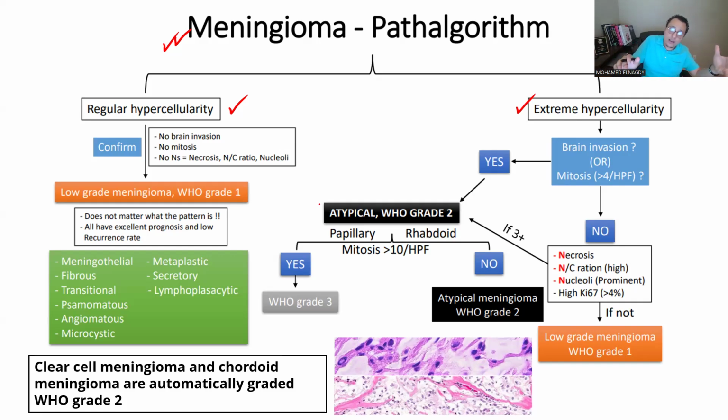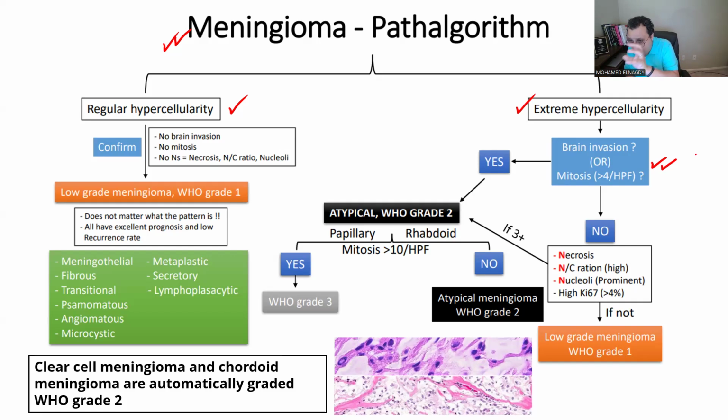So there's regular hypercellularity and extreme hypercellularity. When you have extreme hypercellularity, start looking carefully for one of these two: brain invasion, which is brain tissue invaded by islands of meningioma, and more than 4 mitoses per high power field. This needs careful microscopic examination at high power, looking around in all the areas of the slides submitted for the meningioma for mitosis.